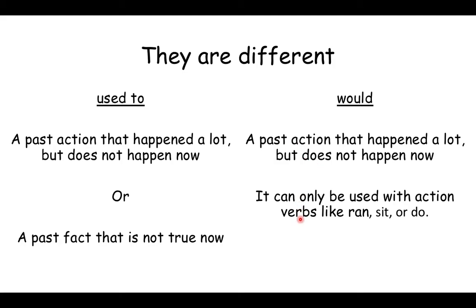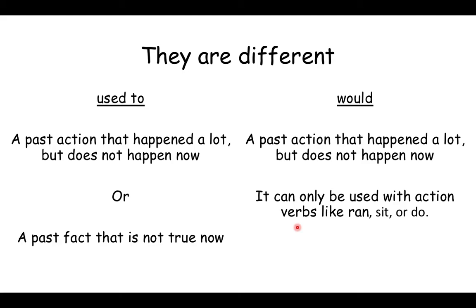But "would" can only be used with action verbs like ran or sit or do. Those are the kinds of verbs that it can be used with. It can't be used with verbs like "live" when you're talking about the past, or "belong"; you can't say "I would belong." You can't use it with those verbs. So if you're thinking about, can I use it with this verb?